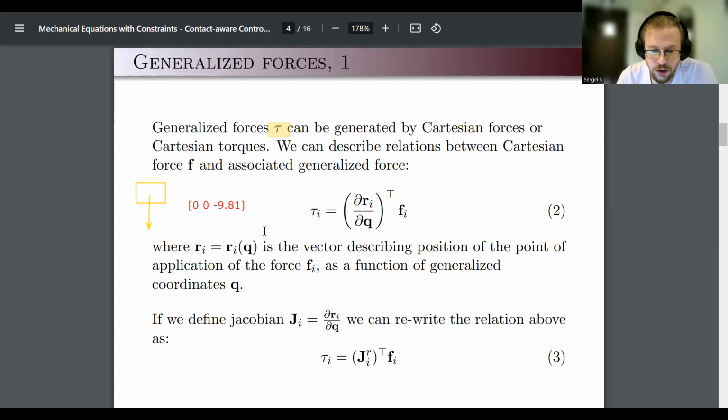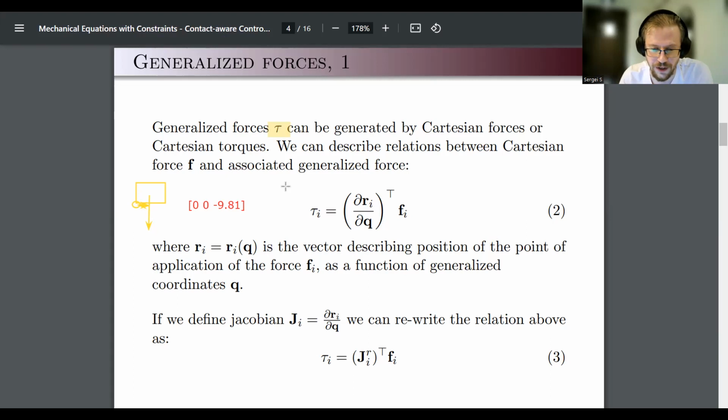Now, what is a Cartesian torque? Well, it's the typical torque that you saw in the classical mechanics course. So, for example, if this force is acting on this box, but on the other hand, we have, let's say, a hinge here, right? Then relative to this hinge, we can compute what kind of torque it produces. We can notice that there is a certain distance between the hinge and the force, and this torque would be directed in the plane, kind of like away from us, and so on and so forth.